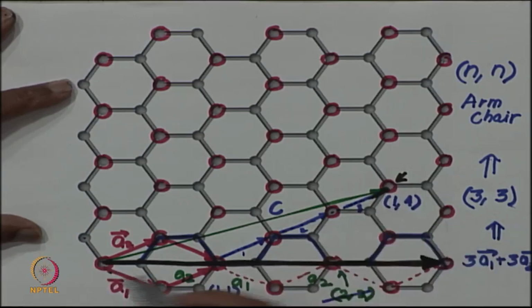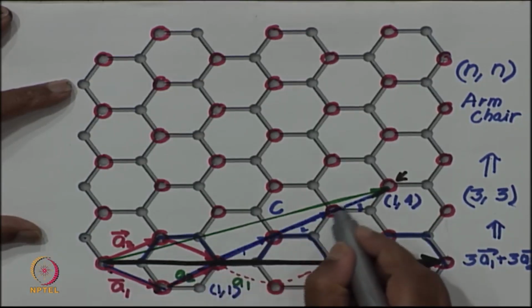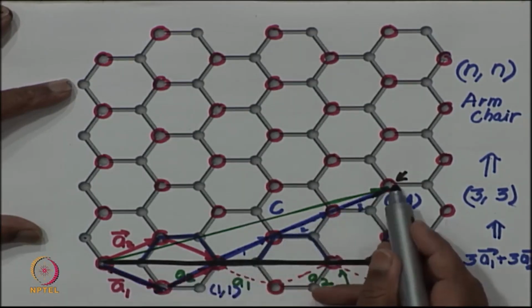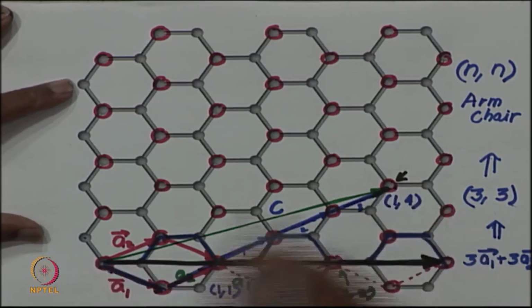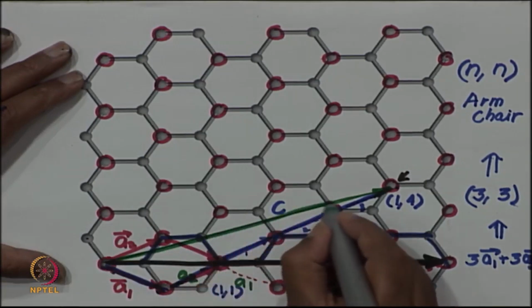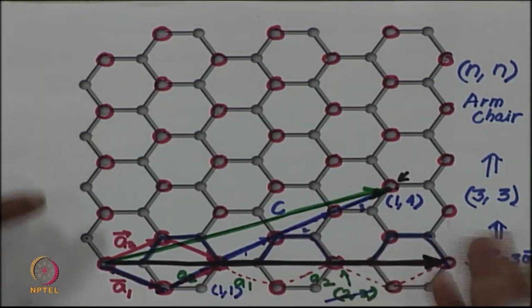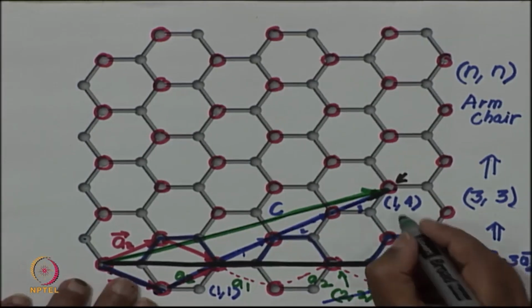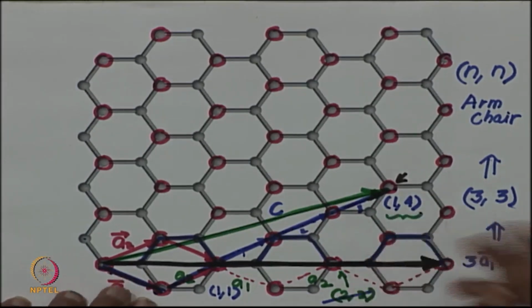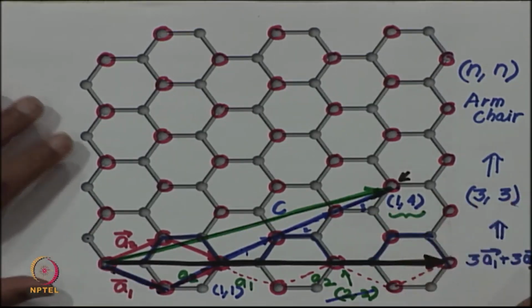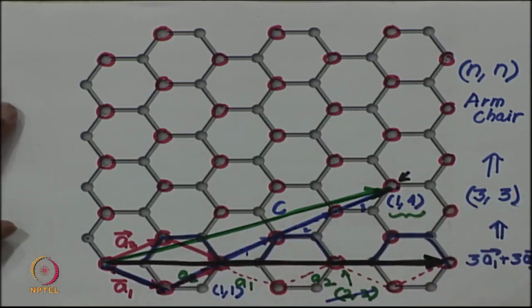You can see now here clearly from this triangle that I go 1 times A1 and 4 times A2 to reach there. And so, this becomes my circumferential vector, and if I now wrap it up, then this will be called a 1,4 nanotube, and this will be a chiral nanotube. Armchair and zigzag were achiral, this will be a chiral nanotube.